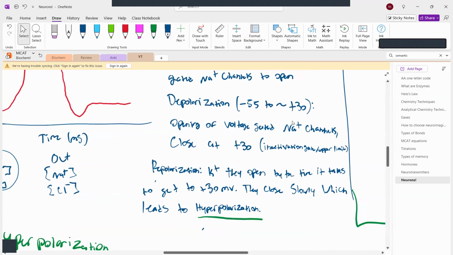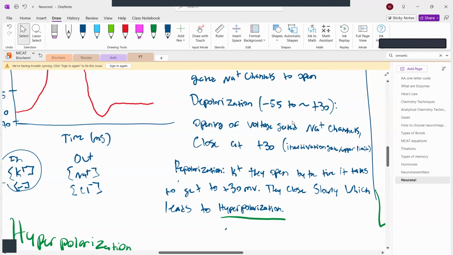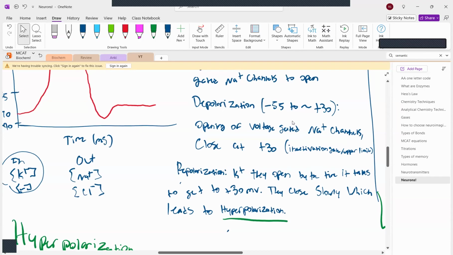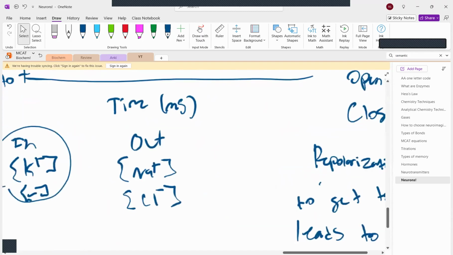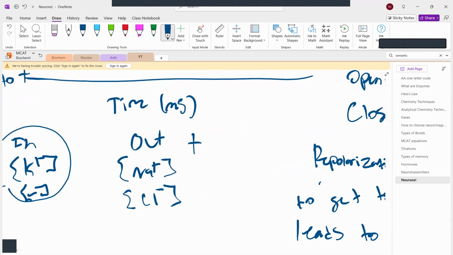Just thinking in your mind, like for diffusion, when you have those channels open, things want to go from high to low concentration. Also, it's positively charged out here, whereas inside the cell it's negatively charged.